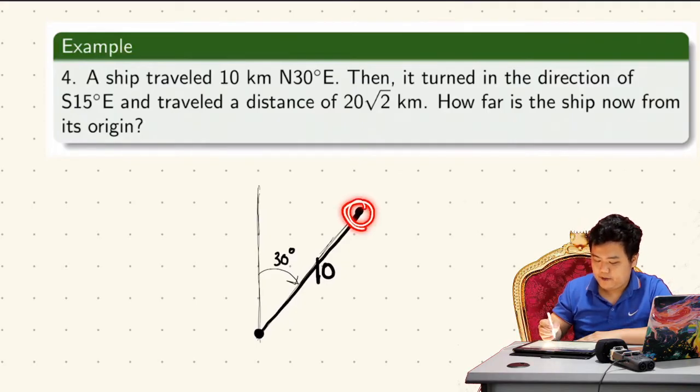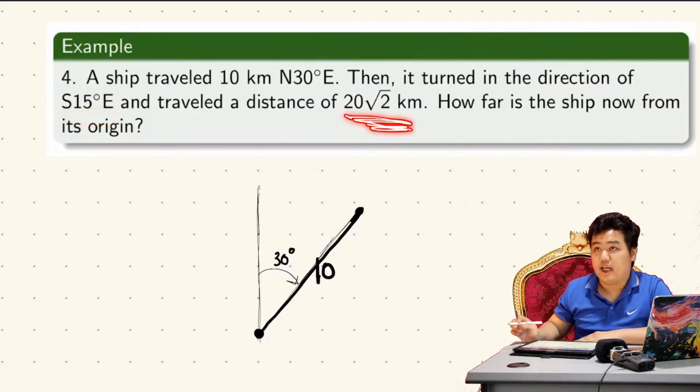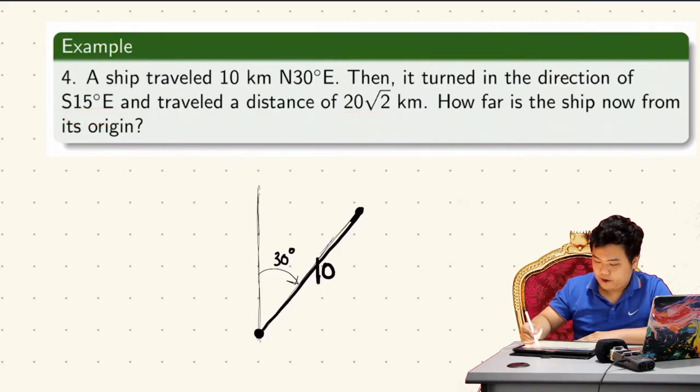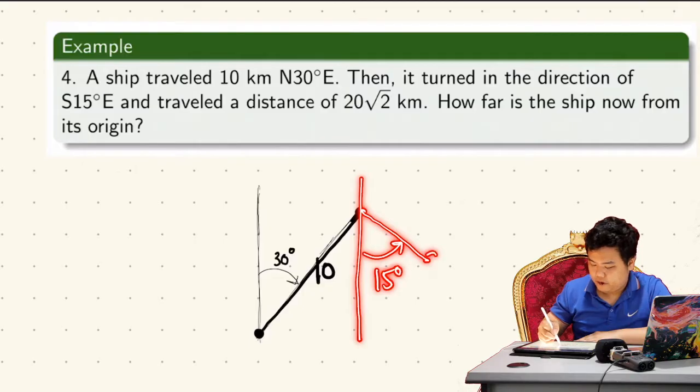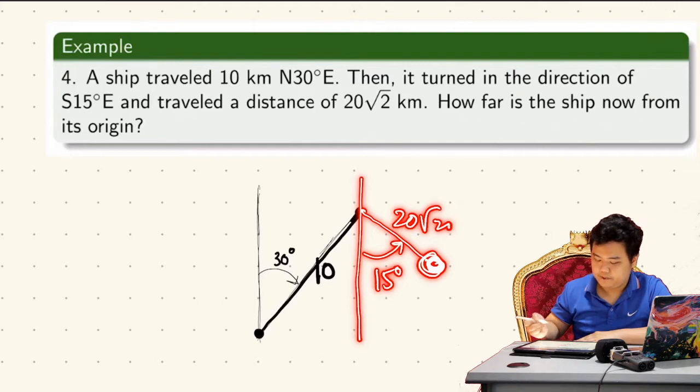So, from here, change siya ng direction na to at ganito yung distansyang tinravel niya. Okay. Drawing natin ng light line. So, pa-south daw, tapos, pa-east. Ang measure ay 15 degrees. So, yung boat mo nandito na siya. And this is 20 square root of 2. Tanong, how far is the ship from the origin?